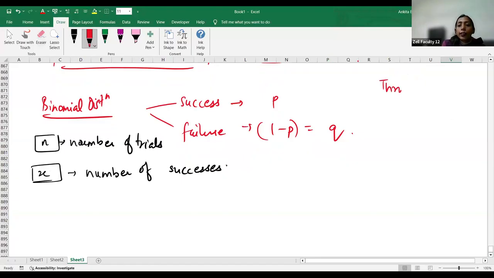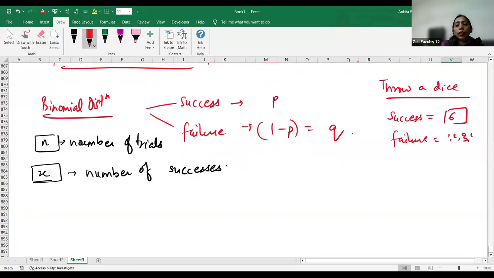Let me throw a dice, and let's say the success is to get the number 6 on the dice, and the failure is not to get 6. That means I'm getting 1, 2, 3, 4, 5.